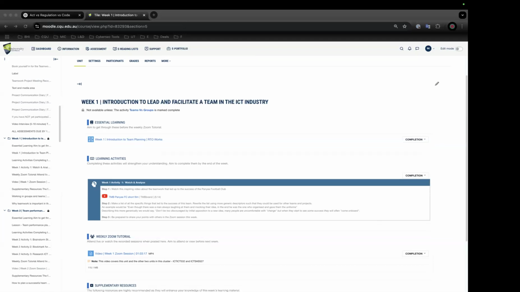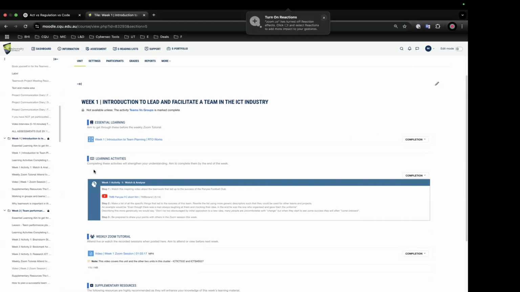I've been looking at the introduction of the courses, and it doesn't indicate if there are any special requirements like setting up Windows virtual servers or anything for these courses. Are there any special requirements, or can everything be done on a Mac with Microsoft Office, for example? Good question. For this cluster of units, you don't need any special software.